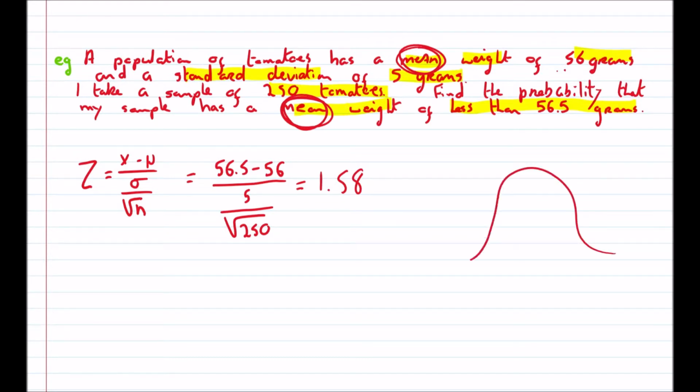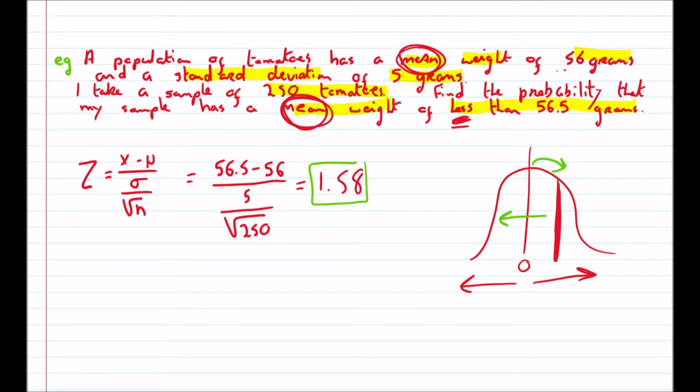Quick sketch. Remember, this is 0. Anything positive is this way, anything negative is this way. This is a positive 1.58, so it's going to lie somewhere around here. We're asking what's the chance of getting less than that, so that will be back this way. And we know from calculating our z-scores that how we get less than a number that's this side of the mean is we just get that z-score, open up our tables, and take the value straight off the tables.